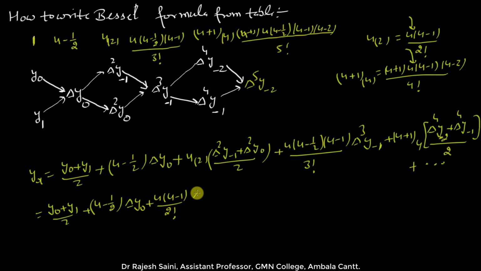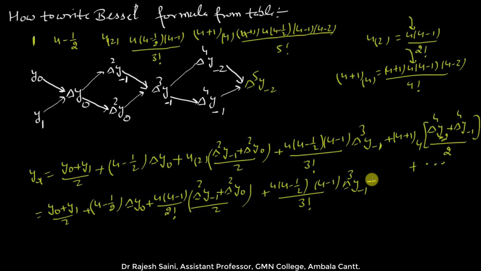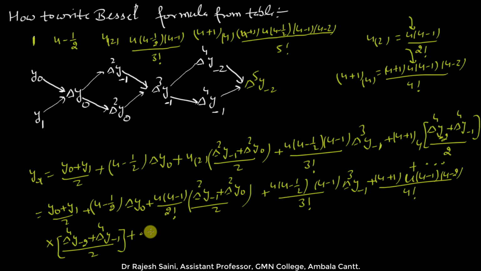This is the expression, divided by 2 factorial, plus u minus 1 by 2, u, u minus 1 by 3 factorial, delta cube y minus 1, and this will be u plus 1, u, u minus 1, u minus 2 by 4 factorial into delta 4 y minus 2 plus delta 4 y minus 1 divided by 2, and this will go on something like that.